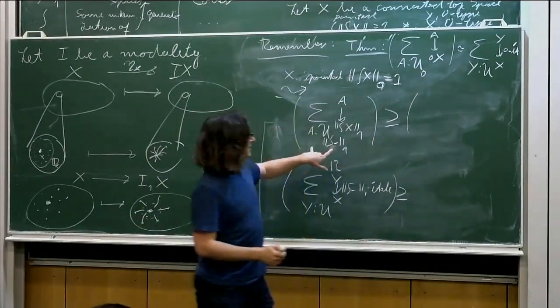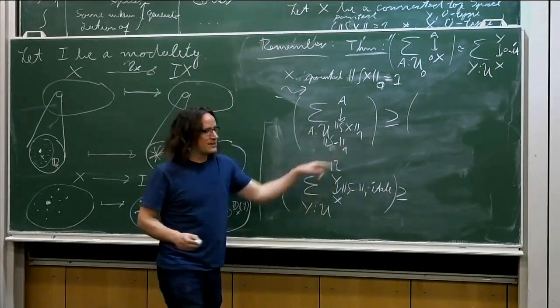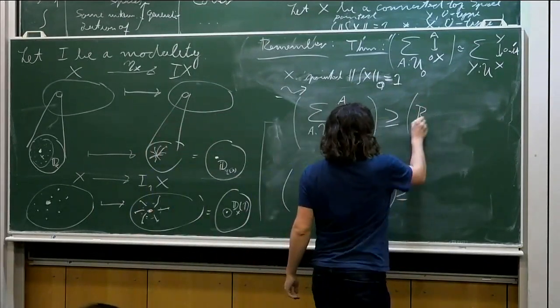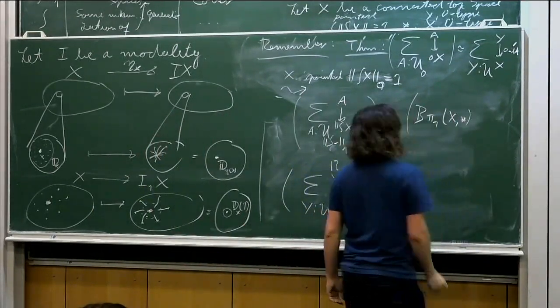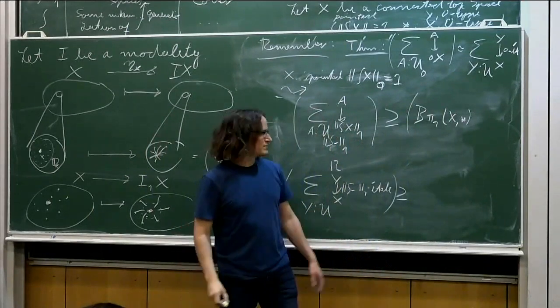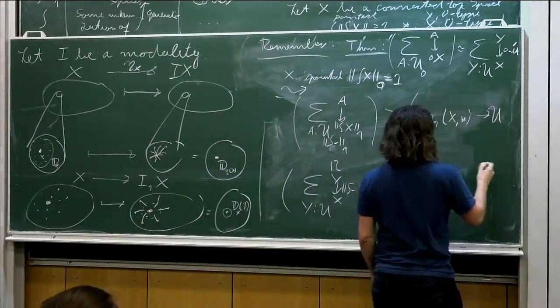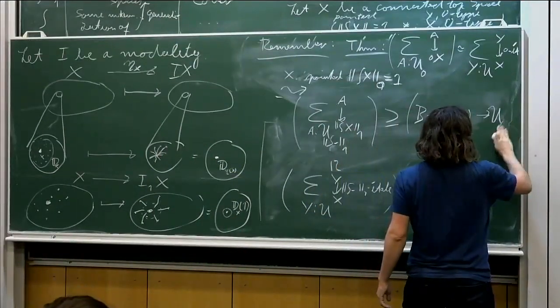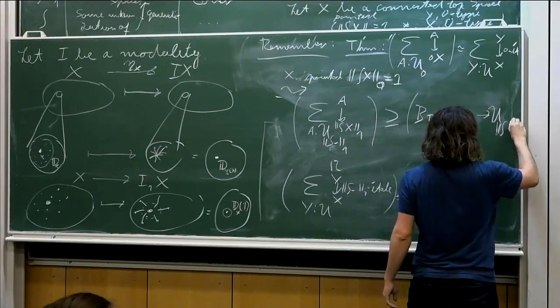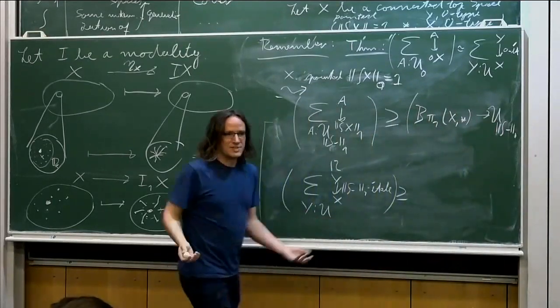But let me reformulate it a bit more. So I said this is B of the fundamental group. So I could say this is maps from B pi 1 X into the universe. And now I'm truncating the fibers. So it's zero truncated shapes or discrete 0 types.